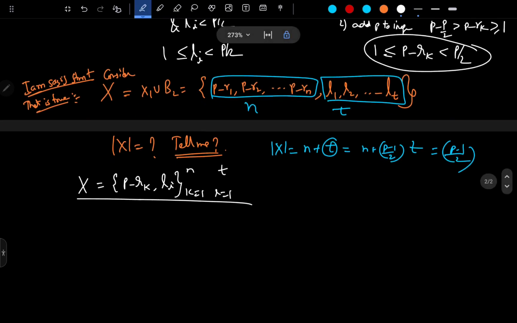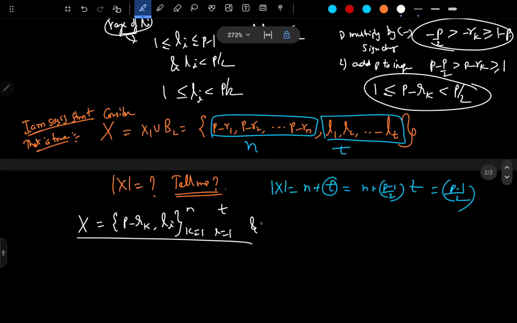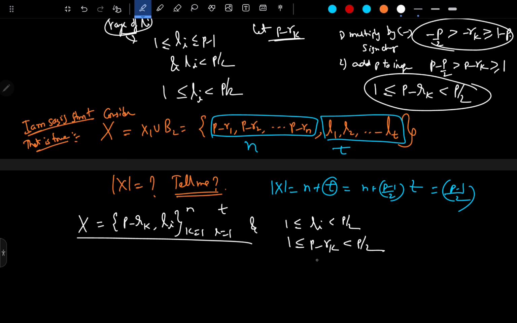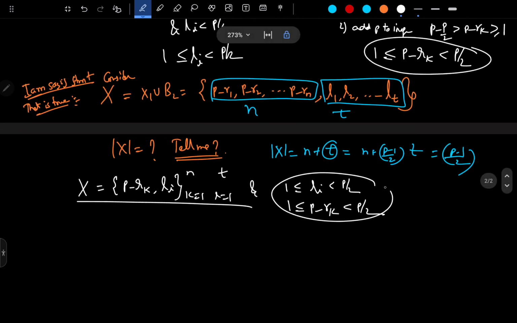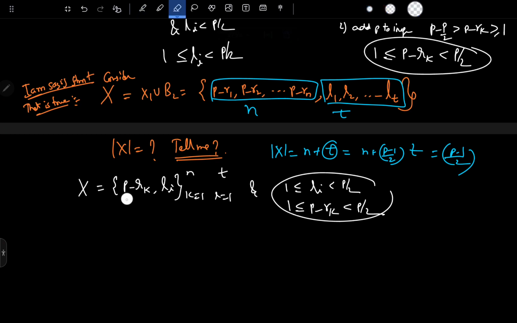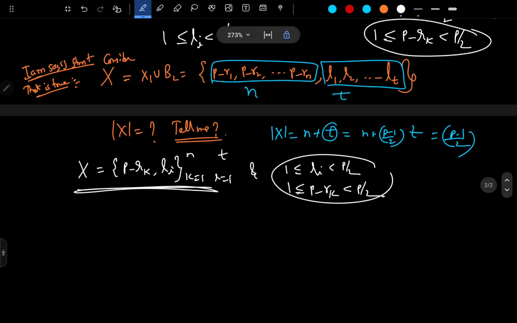Now we know that 1 is less than or equal to Li less than P by 2, and 1 less than P minus Rk less than P by 2. So this is what we have known. Each and every element in this set X ranges from 1 to P minus 1 by 2, and mod X equals P minus 1 by 2.